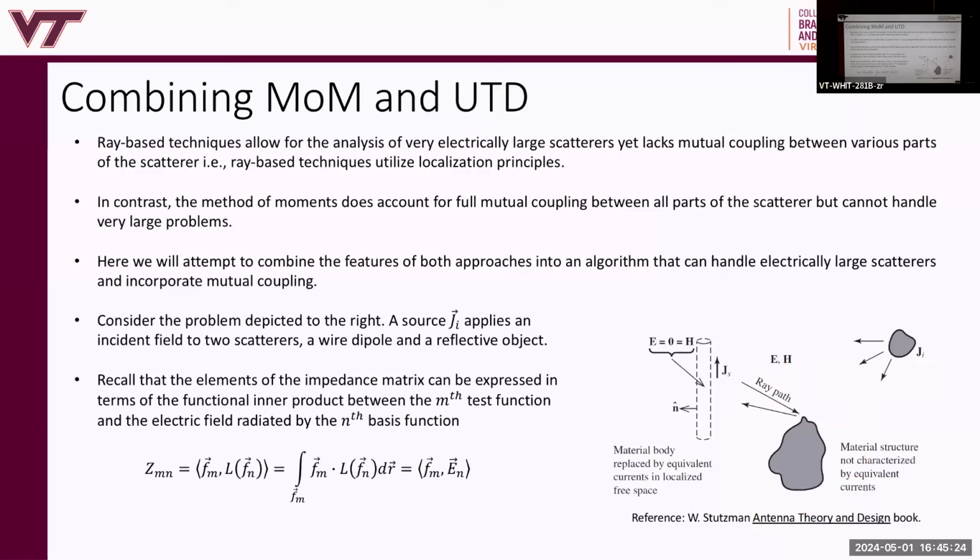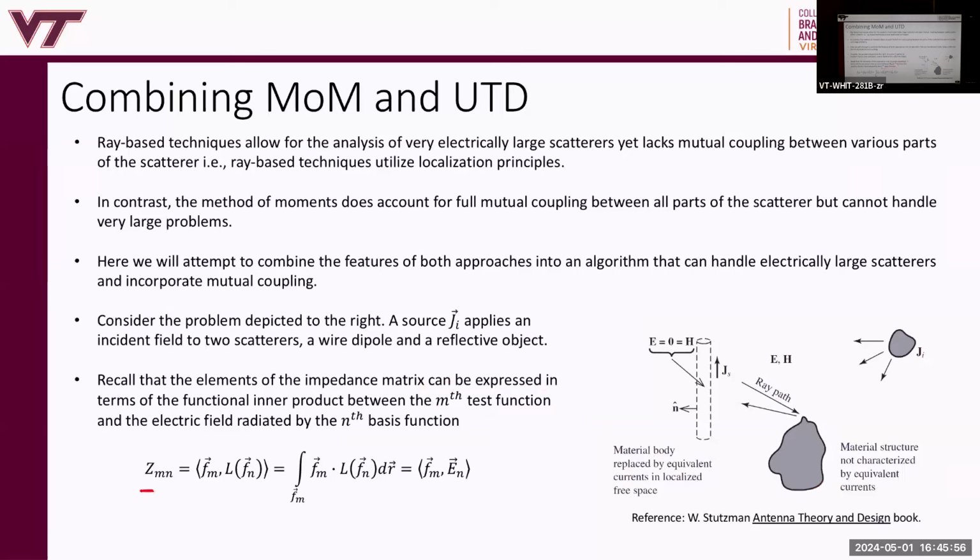Okay, so whenever you use method of moments, you remove the material body and replace it by equivalent currents which are localized in free space, right? That's what we always have done when we did MoM problems. And here we have a material structure which is not characterized by equivalent currents. So recall that the elements of the impedance matrix can be expressed in terms of the functional inner product between the nth test function and the electric field radiated by the nth basis function, right?